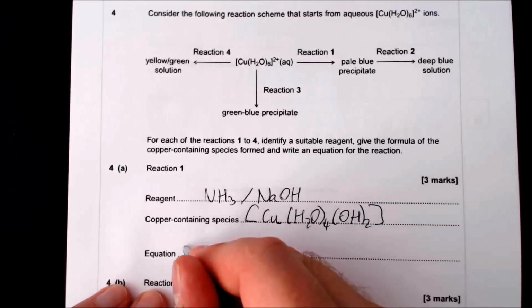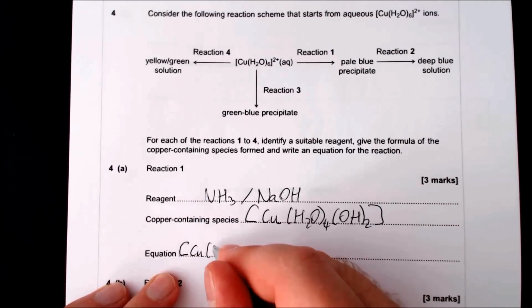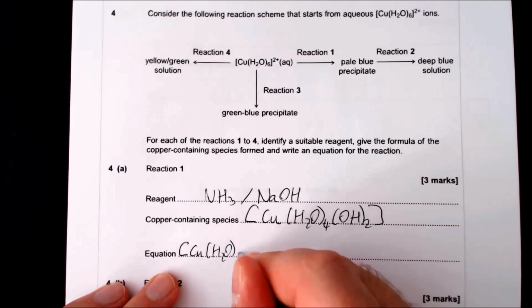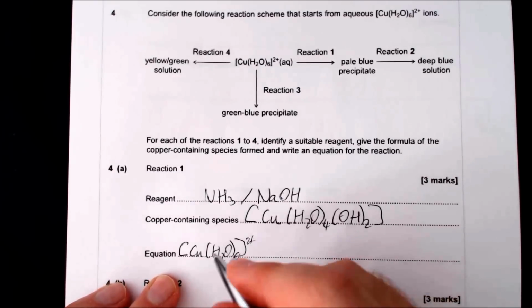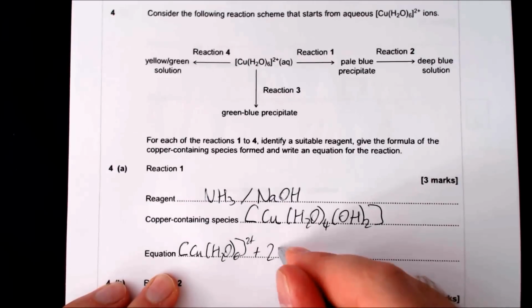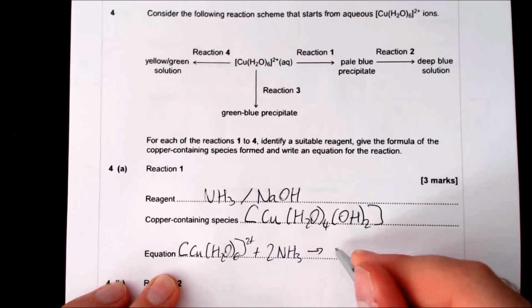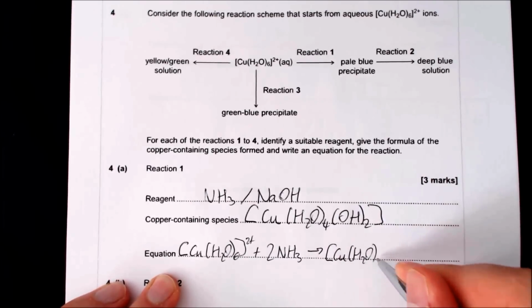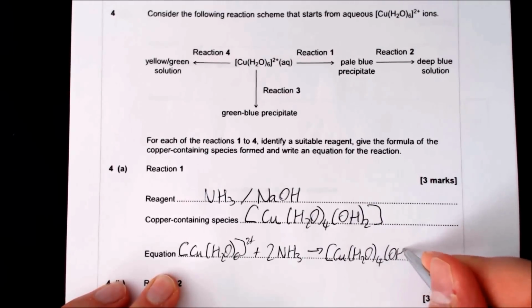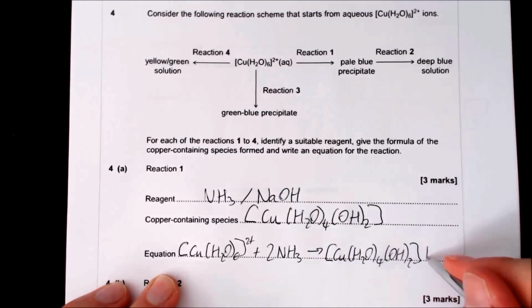So the equation for this, we're going to put everything in square brackets to show that it's a complex. So we've got [Cu(H2O)6], and we said that had a 2+ charge because of the copper 2+. We're going to add 2 molecules of ammonia, and obviously we're going to form this complex here, the [Cu(H2O)4(OH)2], with no charge on the end, and we form 2 lots of NH4+.